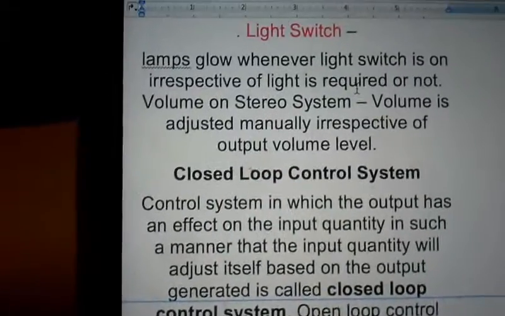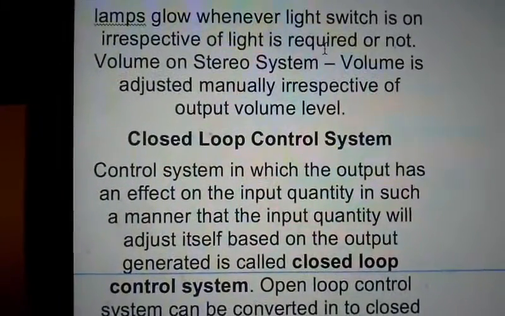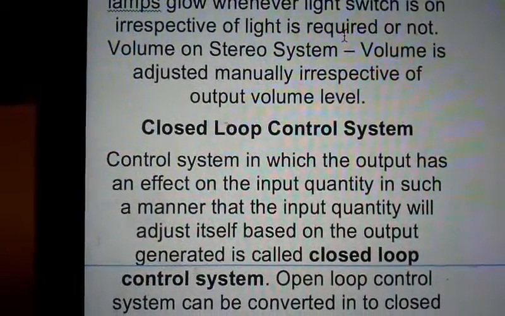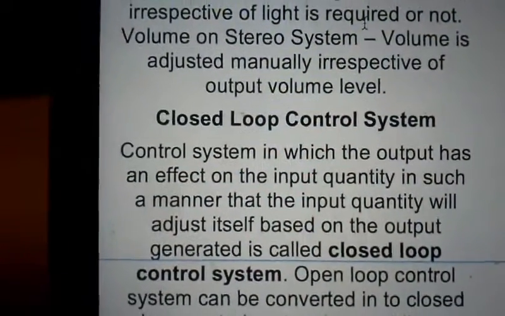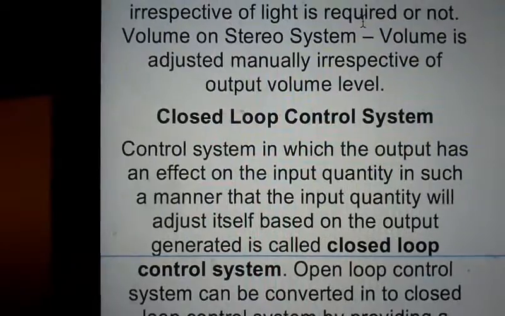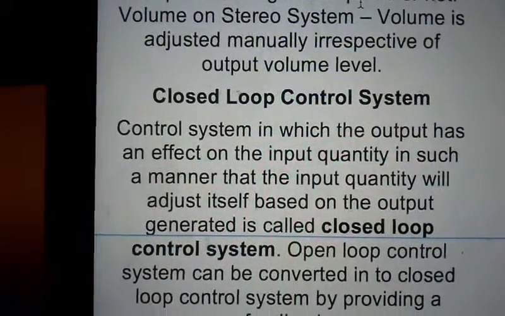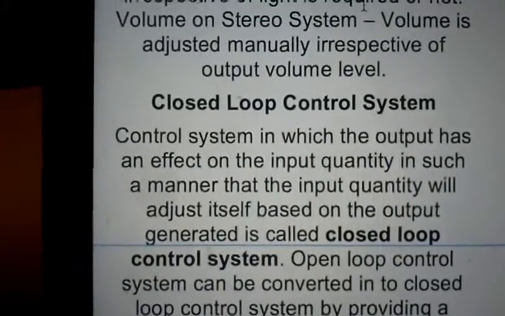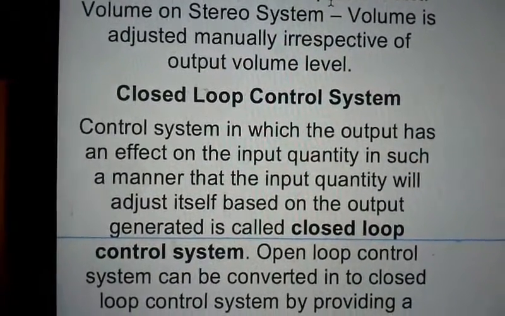A closed loop control system functions very differently than the open loop control system. In this one, the control system in which the output has an effect on the input quantity in such a manner that the input quantity will adjust itself based on the feedback that is generated from the output that goes to the input is called a closed loop control system.